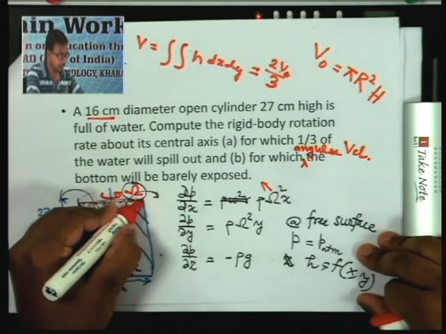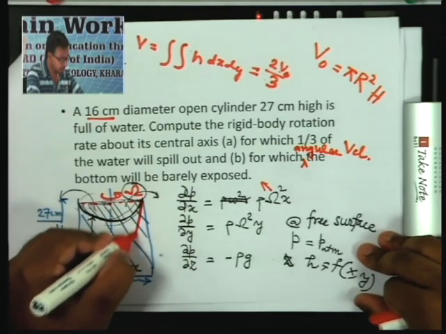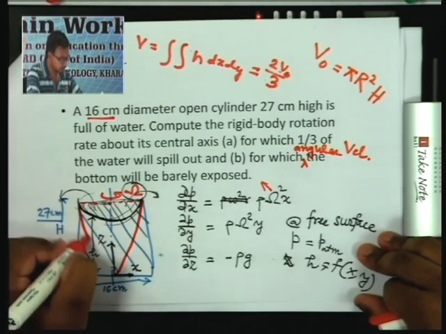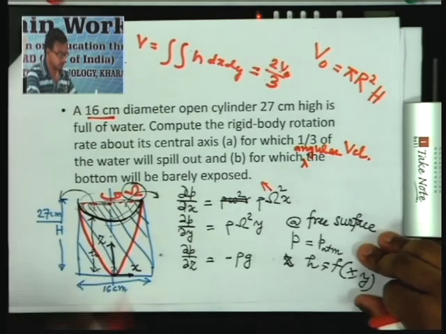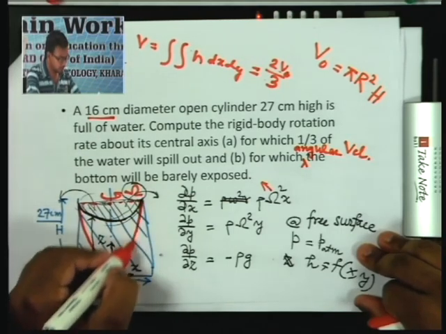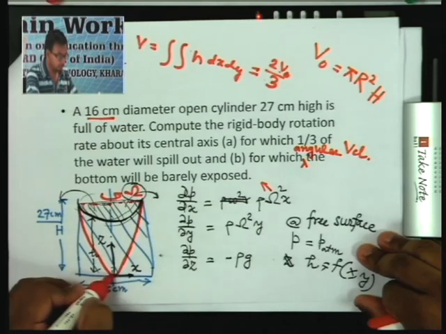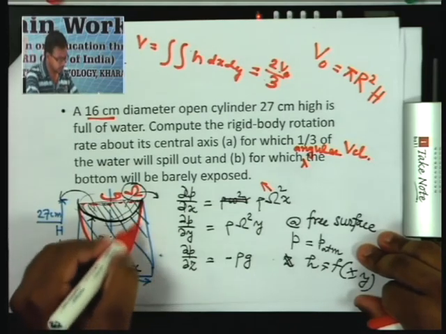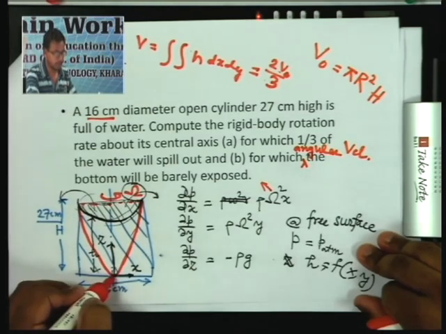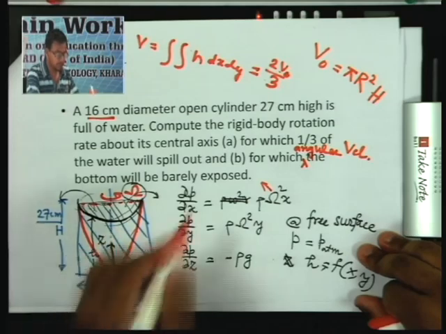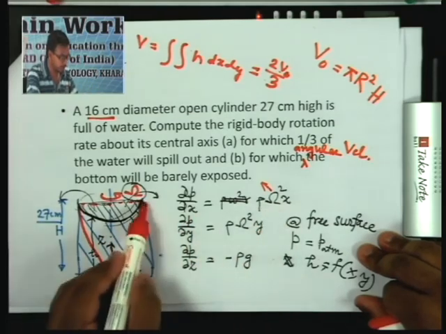So I am drawing it with a red line, so it will be something like this. So here you can see that the liquid surface, the free surface, has touched the bottom part of the cylinder. So it is touching the cylinder's bottom part at the center of the cylinder, center of this axis. So we have to find the velocity omega square at which this happens.